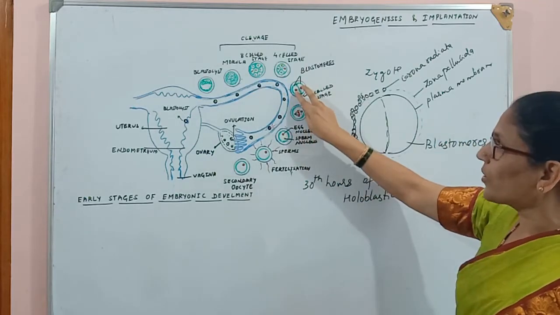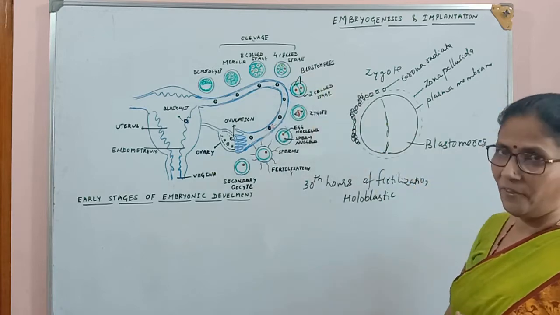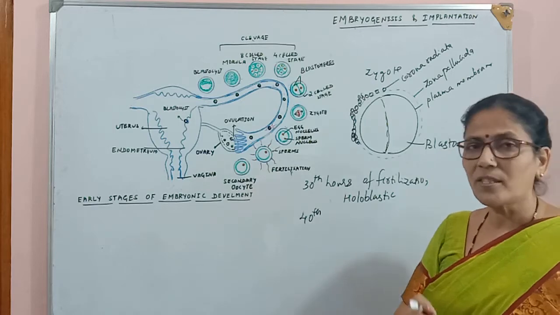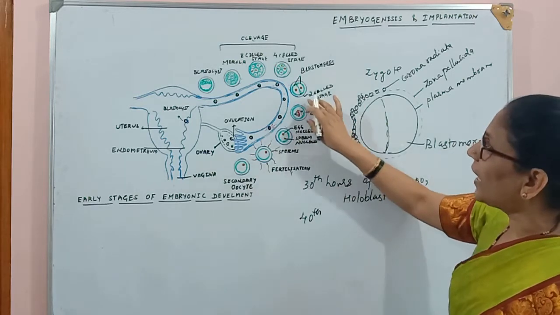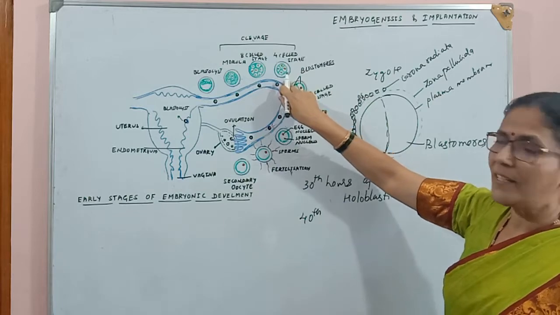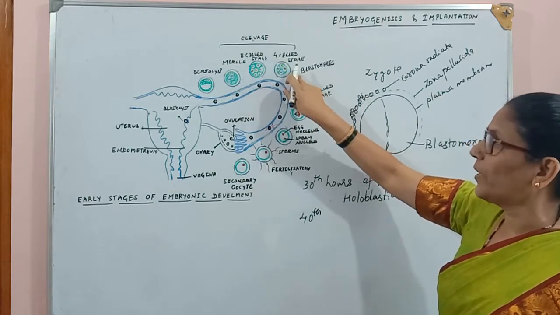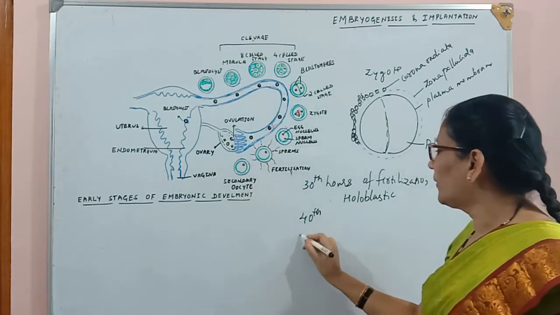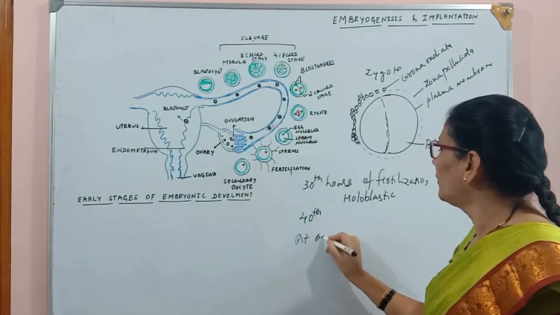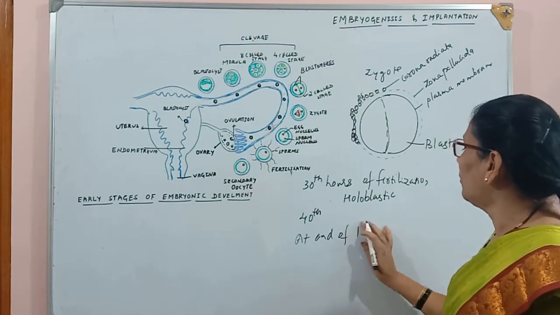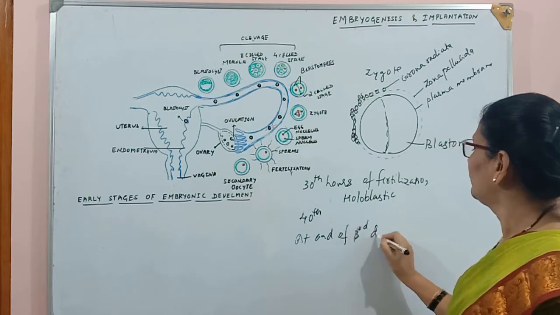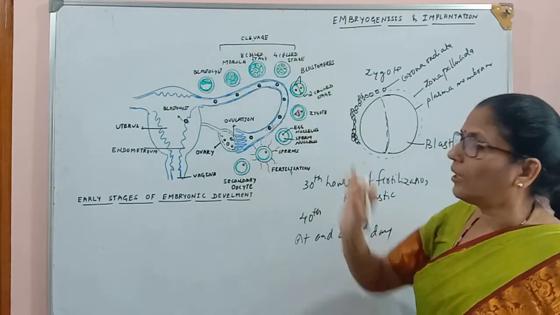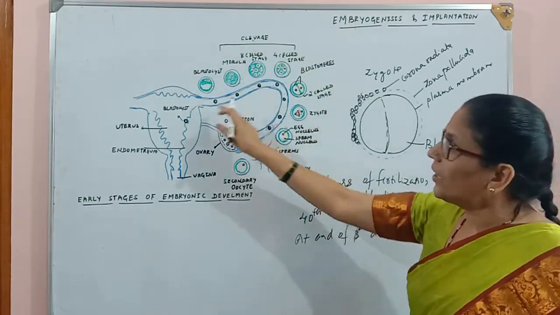Now two blastomeres are there, and after 40 hours of fertilization the second cleavage, or second mitotic division, takes place and results in 4 equal-size cells, called the 4 blastomeres. This stage is called the 4 cell stage. And at the end of the third day, the early embryo enters the uterus.